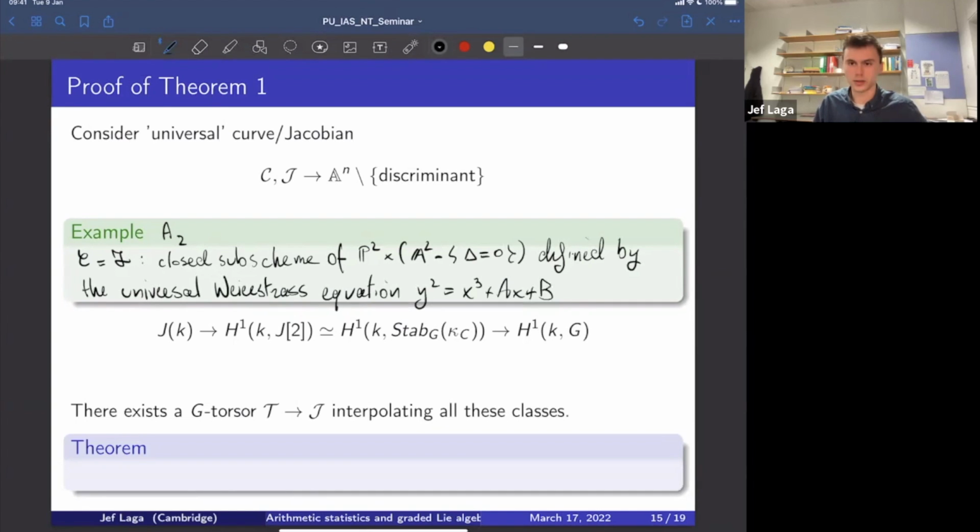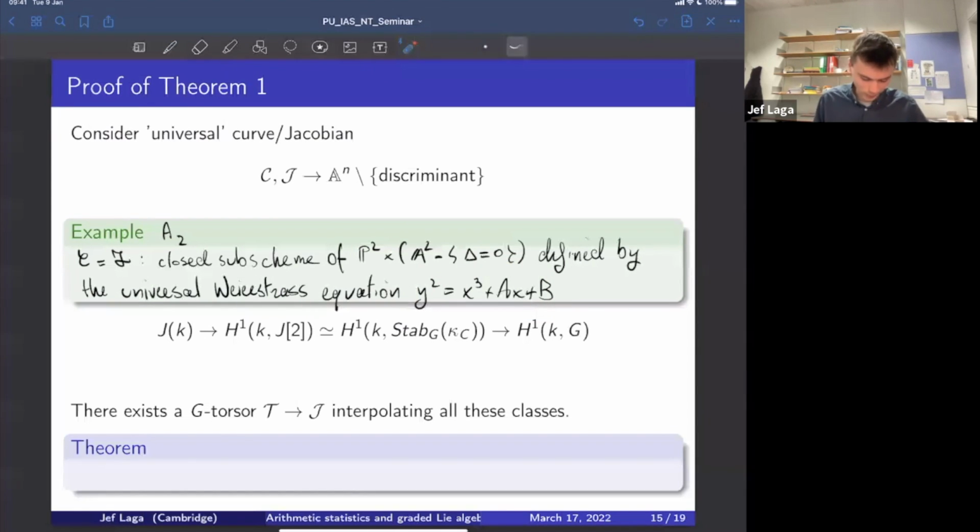Here a and b are the coordinates on A2, and y and x you should interpret as homogeneous coordinates on P2, or dehomogenized coordinates. And in fact, we're describing a closed subscheme of here. So we're bundling all these elliptic curves together.